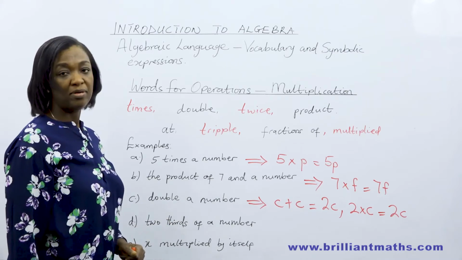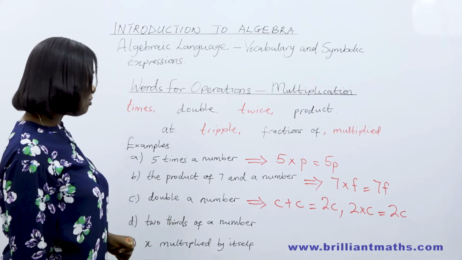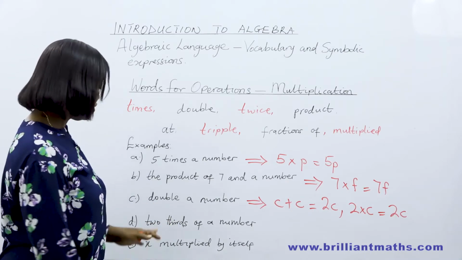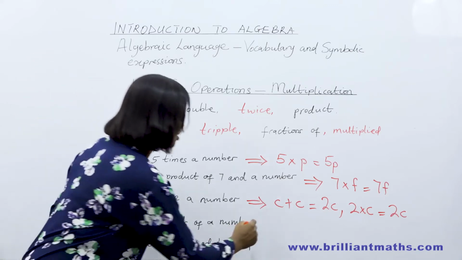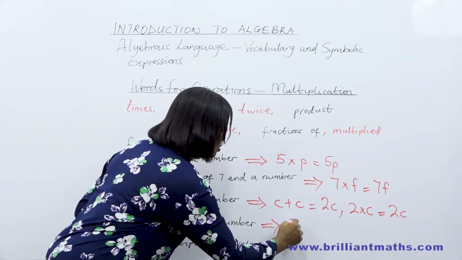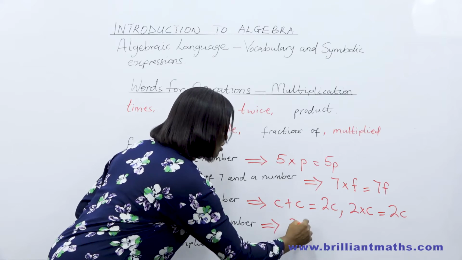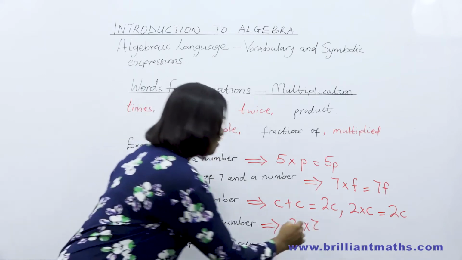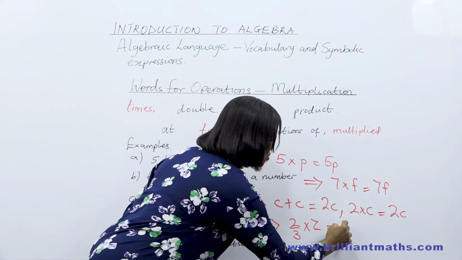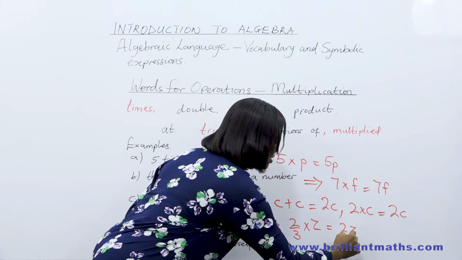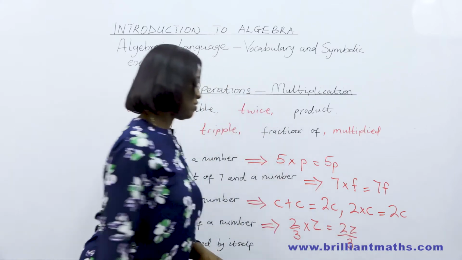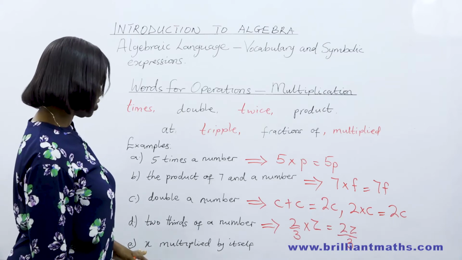2/3 of a number. Let our number be Z in this case. 2/3 of Z. 2/3 times Z. That is equal to 2Z over 3. It's multiplication.